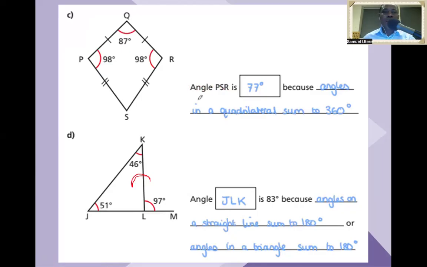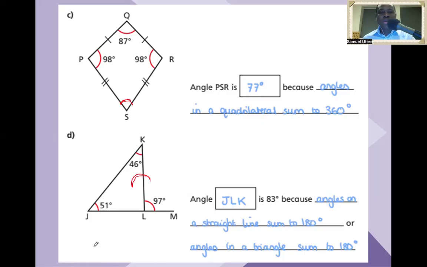Okay. Angle PSR. Note the middle letter. It refers to the angle we're discussing. PSR is 77 degrees because angles in a quadrilateral sum to 360 degrees. And you can see that the way to do that is to add them all up and subtract from 360 degrees.